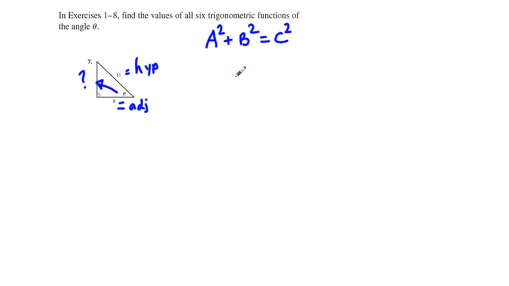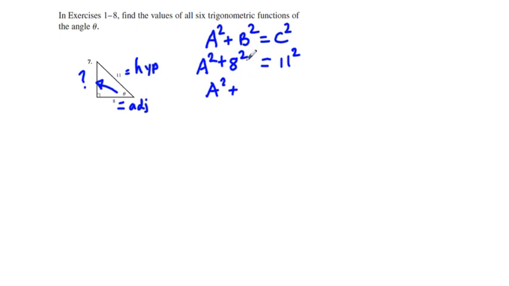Now, in this case, we have what C is. We have the longest side, which is 11. So C squared is 11 squared. And we have the adjacent side, which is 8 squared. But we do not have that other side, which is A. So we have A squared plus 8 squared.